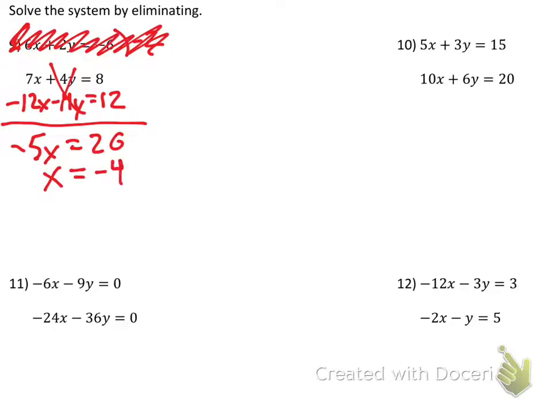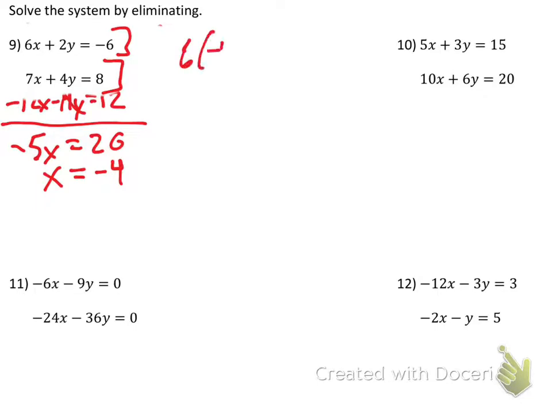So I'm going to divide each side by negative 5, and so x is going to be equal to negative 4. Now I can go back to these 2 equations in the original equations, this one or this one, and plug it in. I'll just plug it into the first one. So 6 times a negative 4 plus 2y is equal to negative 6.